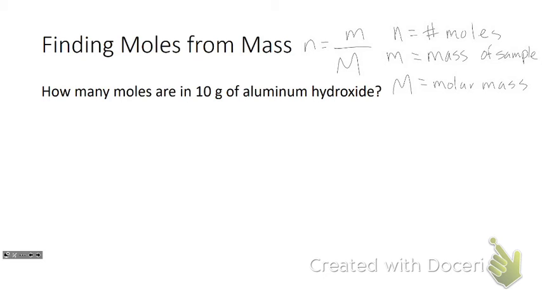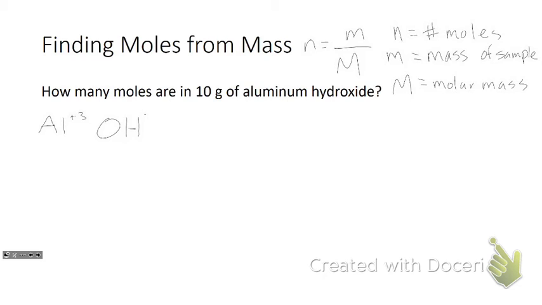So aluminum hydroxide. So aluminum has a charge of +3. And hydroxide is OH, always has a charge of -1. Okay, that's a polyatomic ion. Got it? Okay, so what type of compound is aluminum hydroxide?